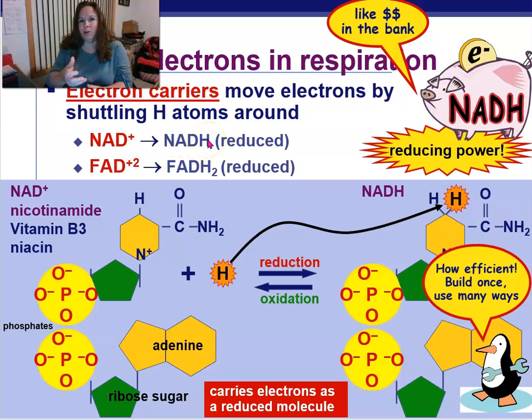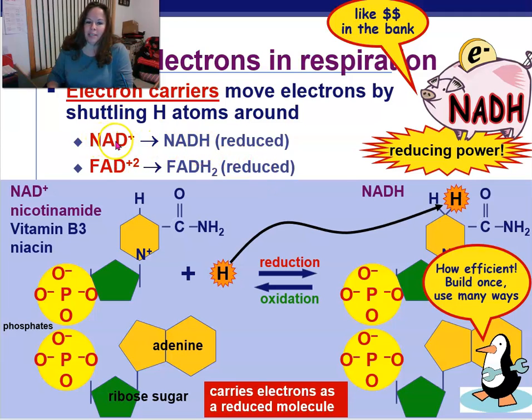So we're taking glucose, we're tearing the H's off of it, and NAD grabs them and takes them to the mitochondria. FAD is another one, which can grab 2 hydrogens, so 2 electrons, and take them to the mitochondria. Yep, we need to grab those H's because they carry those precious electrons.